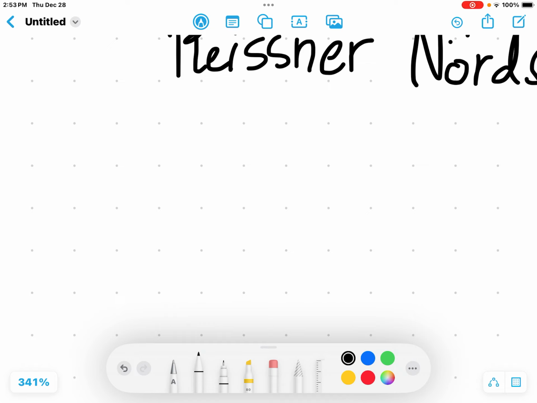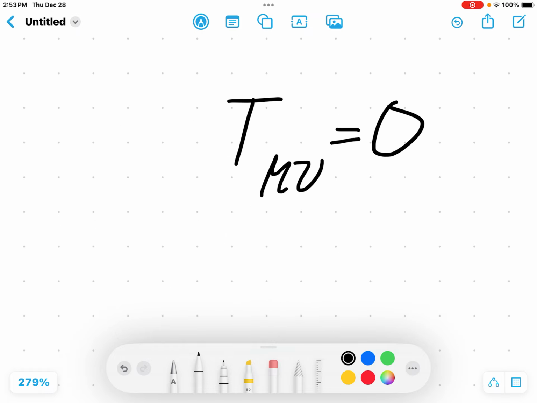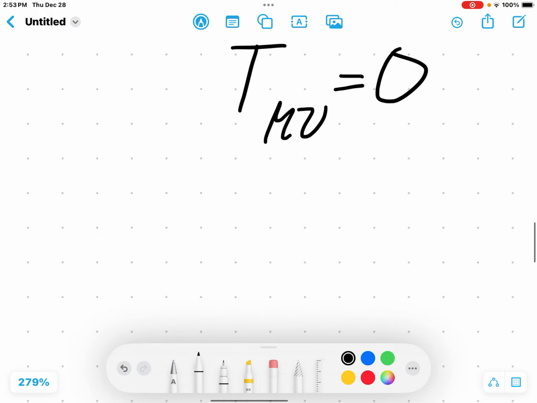Recall that vacuum solutions are basically solutions such that T mu nu is set to 0. So the right hand side is rather trivial.